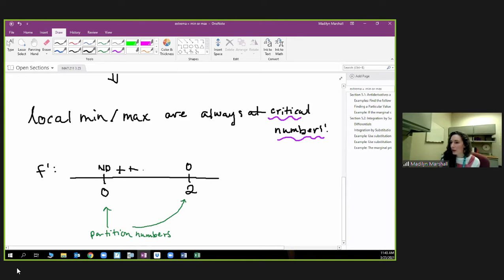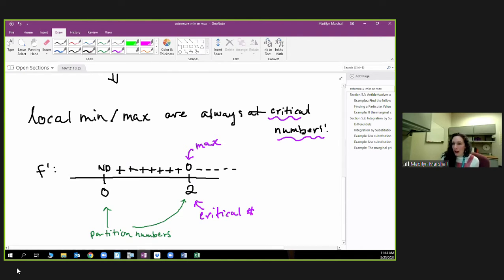So if, for example, this middle section was all positive and this end section was all negative, then this one is a max. It is in the domain because it has a value there. I'm just saying that for the sake of example. So this is a critical number. And since it's going up and then going down, that would be a maximum.